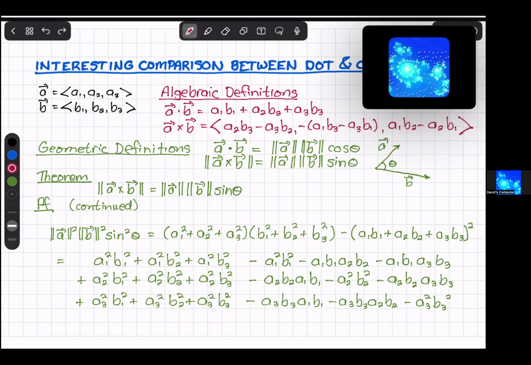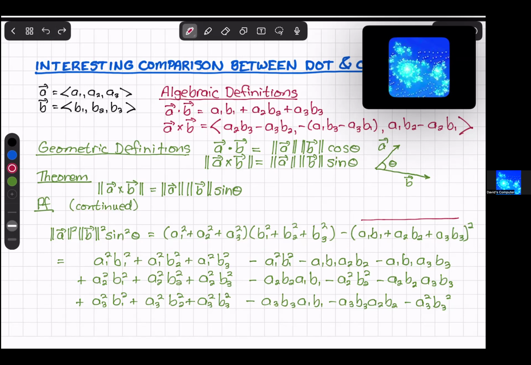And when I square this expression, 3 terms times 3 terms, I create these terms that I organize here in a table. Each one of them is preceded by a minus sign. A1 B1 times A1 B1 is A1 squared B1 squared. A1 B1 times A2 B2 is A1 B1 A2 B2.